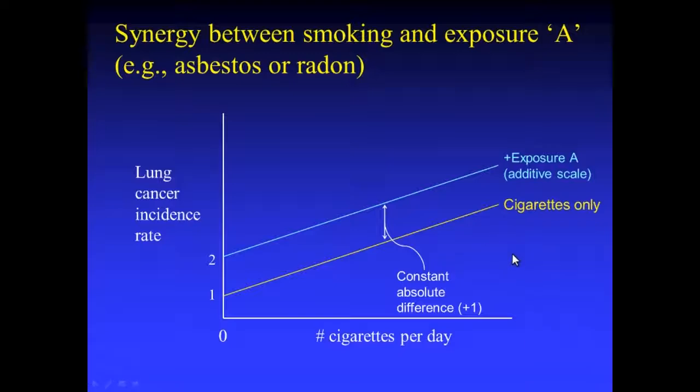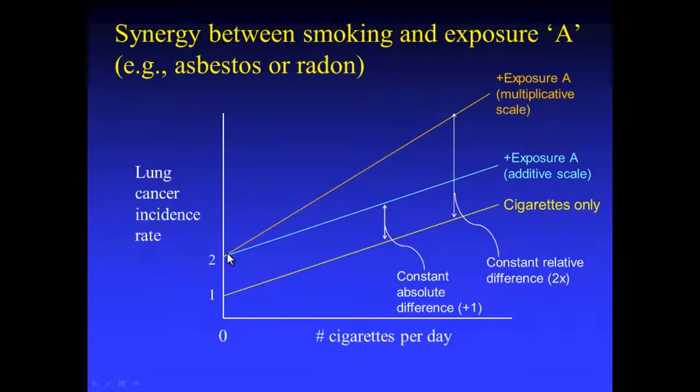So, okay, let's move on. And here we have a situation where the exposure A is in a different scenario, and it's acting multiplicatively. So here we would have a relative risk at no cigarettes per day of 2. It was 2 divided by 1. The incidence 2 divided by the incidence 1. And so as the risk from smoking goes up, the exposure A, which is constant, continually doubles the incidence rate from the smoking.